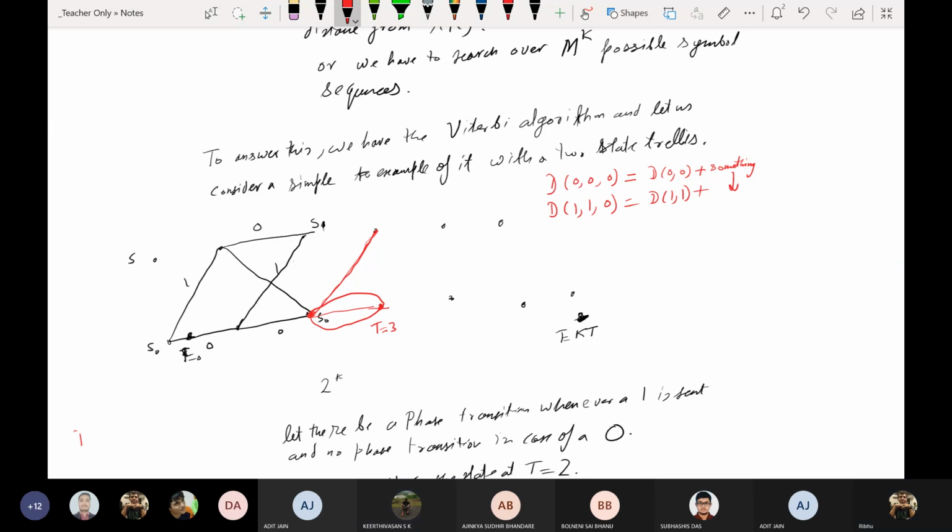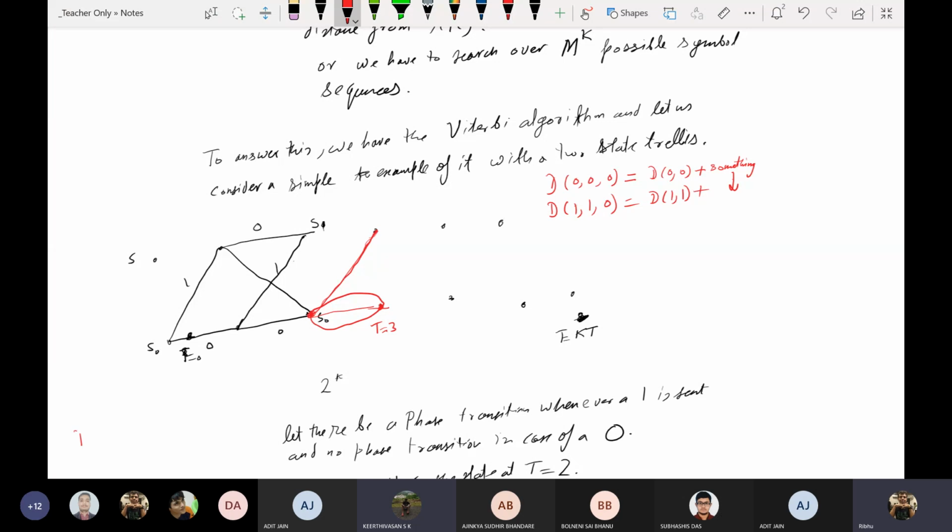So if one of these is bigger, say D00 is bigger than D11, then D000 will definitely be bigger than D110, because we are adding the same thing.